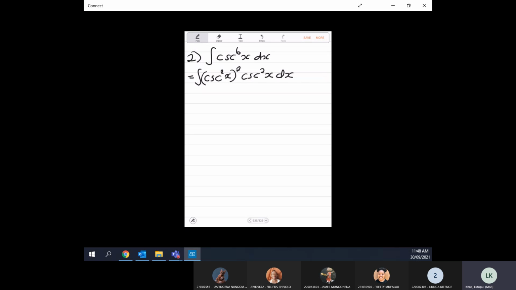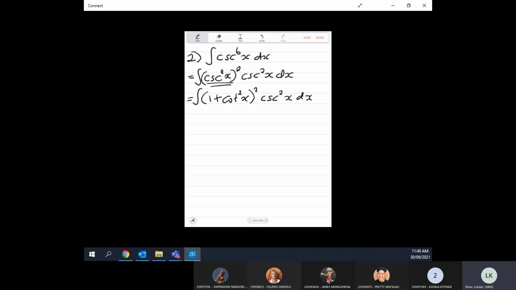Okay, then this cosec squared x inside the brackets, we write it down in terms of cot squared x. So this is the integral of 1 plus cot squared x, squared, times cosec squared x dx.